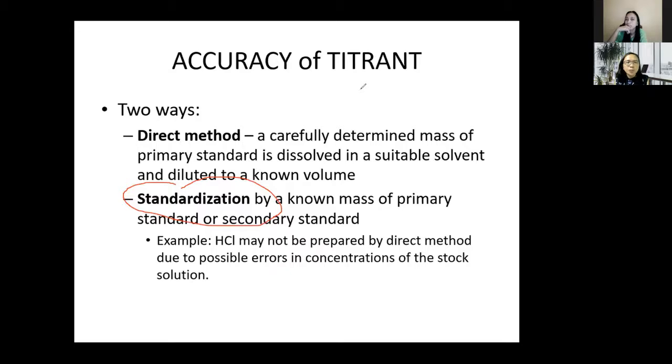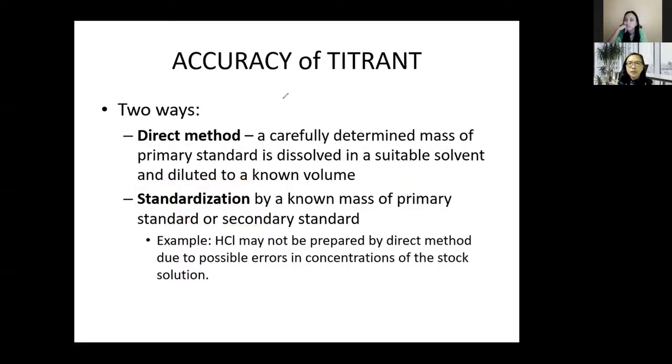So, anong process yung standardization? Kailangan natin siyang i-titrate with a primary standard. So, we will do titration, pero dapat alam natin kung ano yung mass na ginamit natin sa ating primary standard to standardize our sample. Okay?